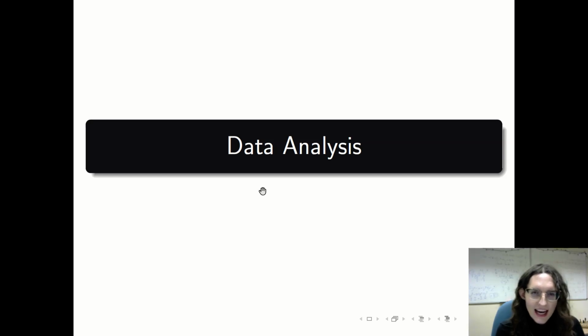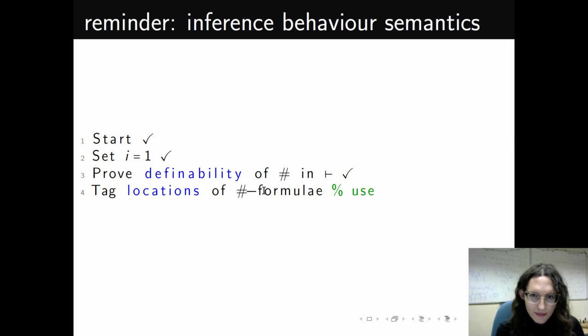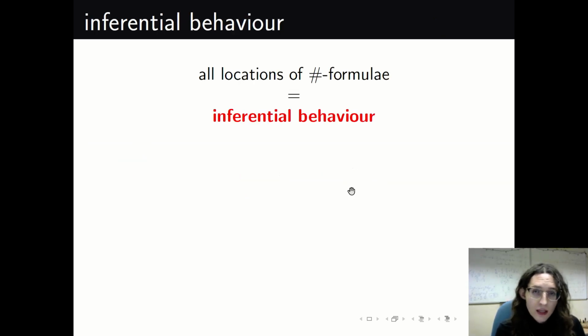So let's analyze our data. Remember, we now need to go over the proofs and take all of the locations of our hash formulae, which gives us the inferential use of the connective. Now we also call in this talk all locations of the hash formulae the inferential behavior of that connective hash.